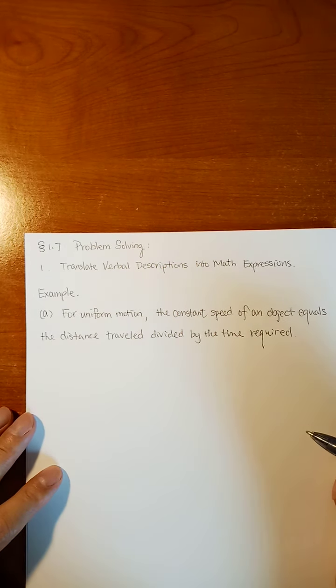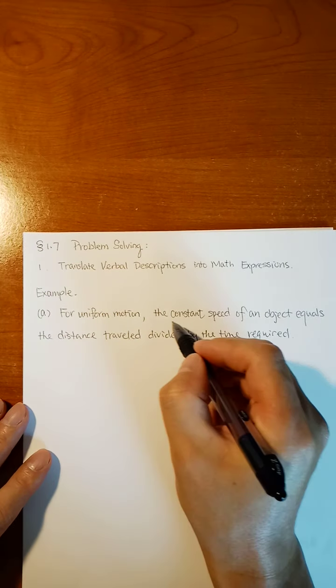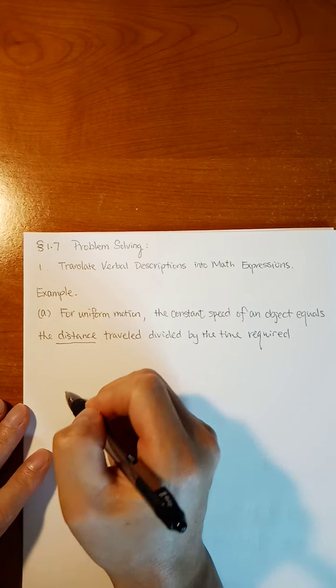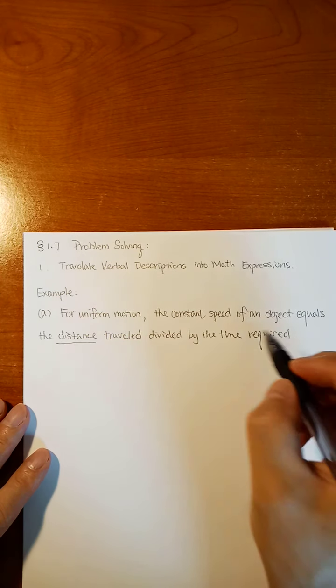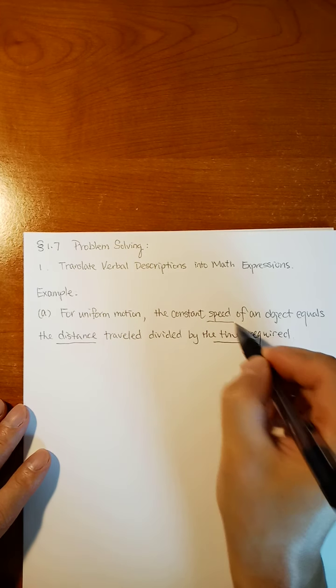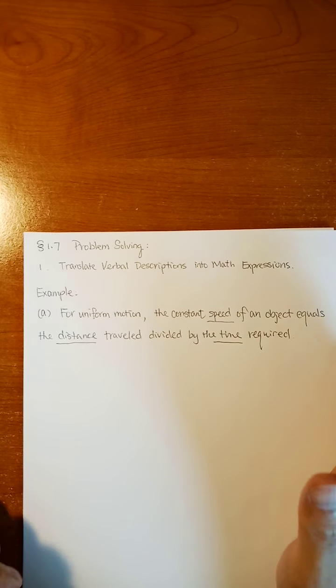Okay, so this is a description about the uniform motion. With uniform motion, you will have three concepts. One is the distance traveled, one is the time required, the other one is the speed. Okay, so that's a story. There's no variable, just words.